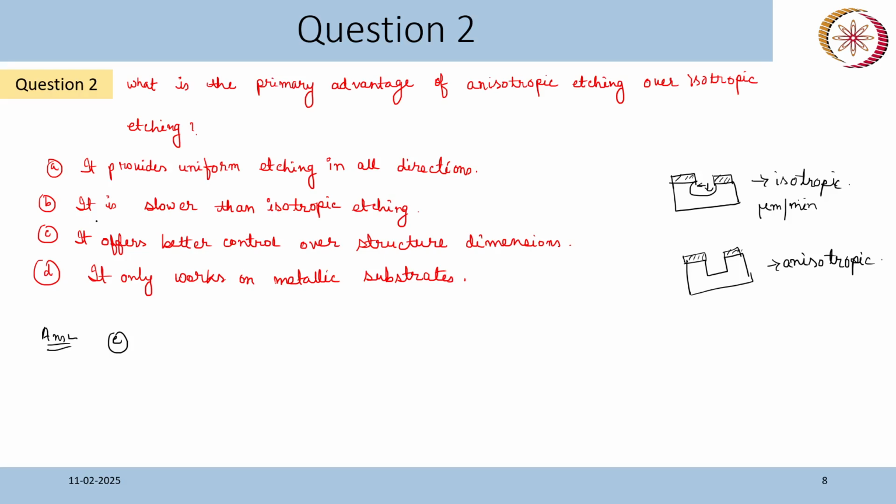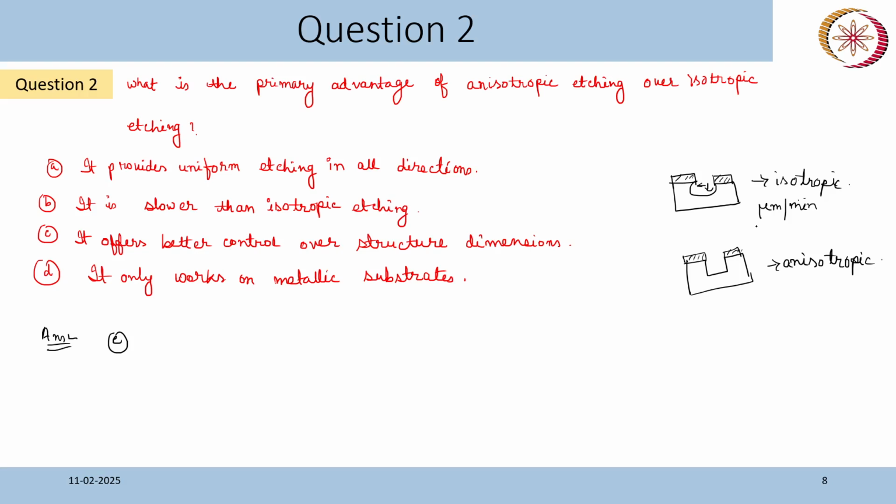Now the second option, it is slower than isotropic etching. This can be an advantage at certain times. Say you have the option for an isotropic etching, and you also have the option for an anisotropic etching of the same structure. Say you don't care much about the final shape of the structure. Now the etch rate for your isotropic etching is very high, say 1 micrometer per minute, and for anisotropic etching it is a few nanometers in a minute.